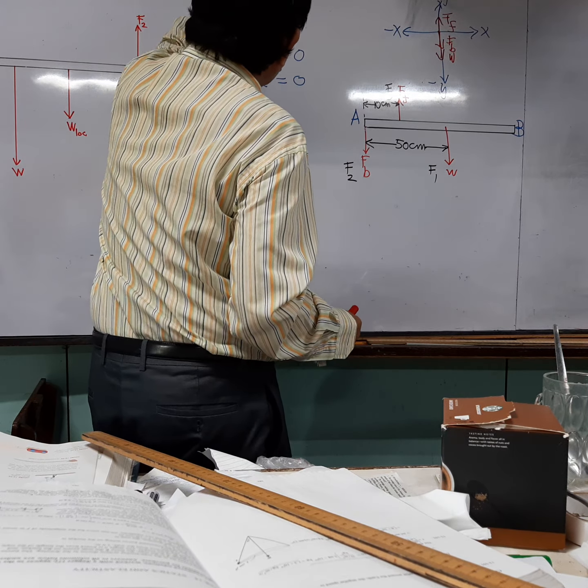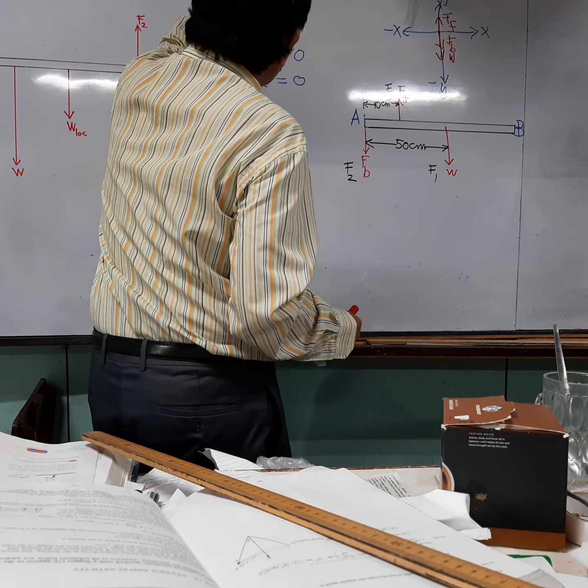Of course, the direction is either upward or downward, upward positive, downward negative. So, summation of F is equal to F1 plus F2 plus F3 equals 0.